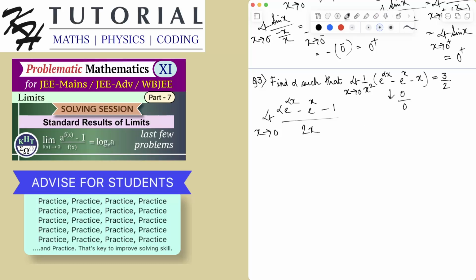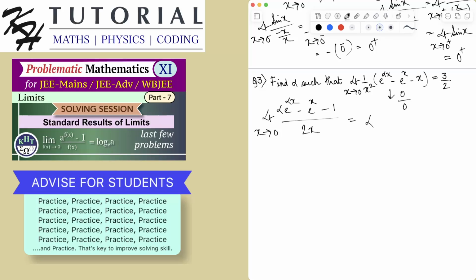Now this is an important concept. In the denominator, if we put x tending to 0, we have 2x, it will be 0. But in the numerator, if I substitute x tending to 0, what limiting value are we having?